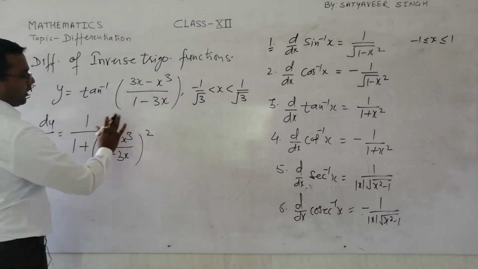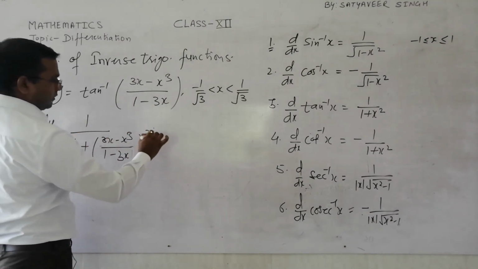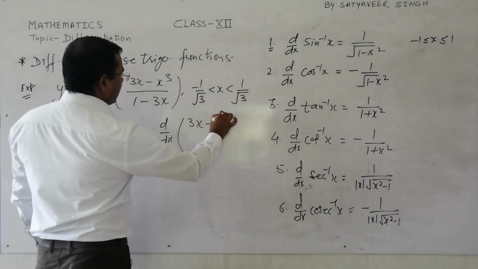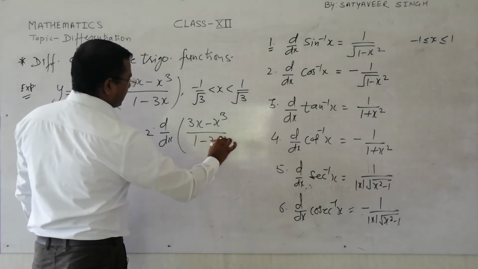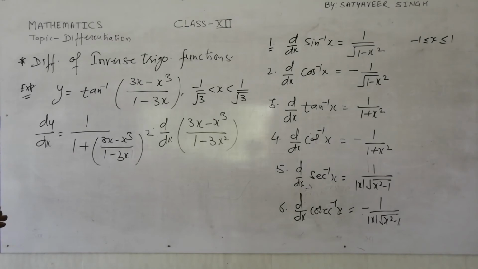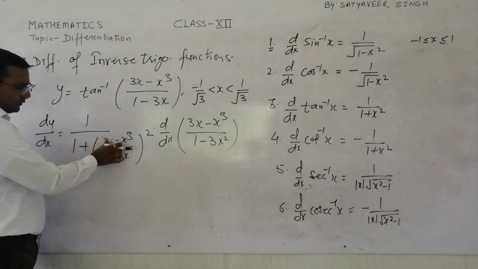And further we can differentiate this using the chain rule. So d upon dx of (3x minus x cube) upon (1 minus 3x square), using the quotient rule we can differentiate this further. There is no problem in this.